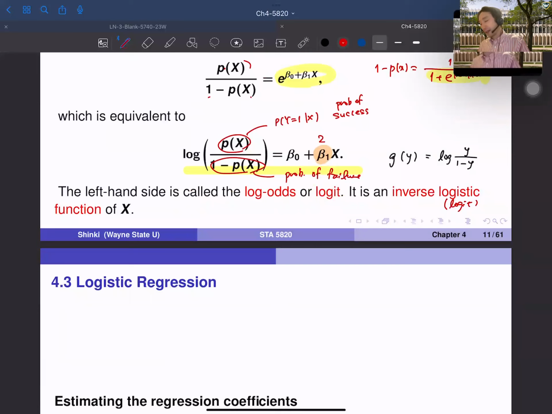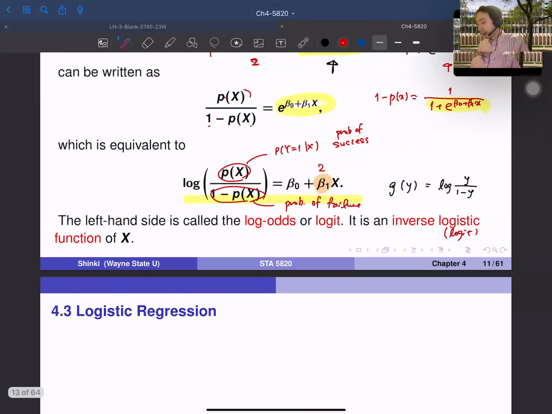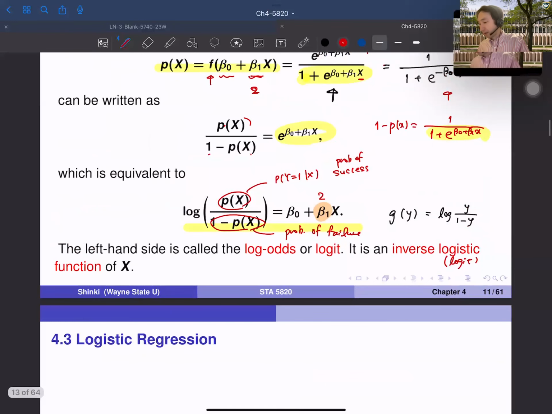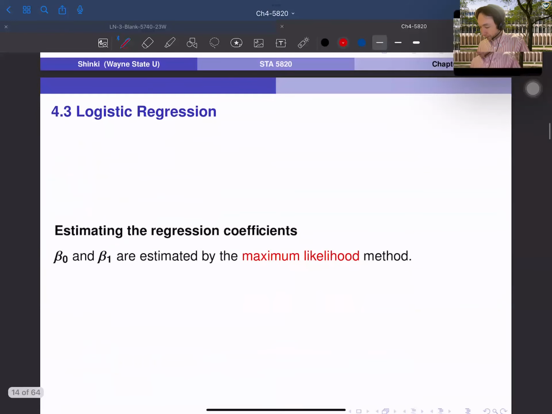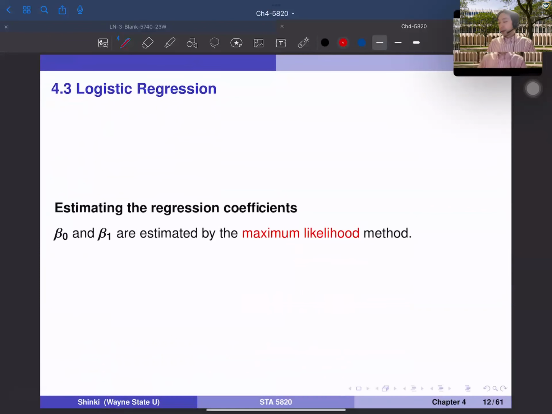Maybe a one-to-one monotone function has an inverse, but often with no analytical form. But here, both f and f inverse are simple analytical functions. So this is good. This is one reason that people use the logistic function for binary classification. Yeah. So that's the basic idea of logistic regression.